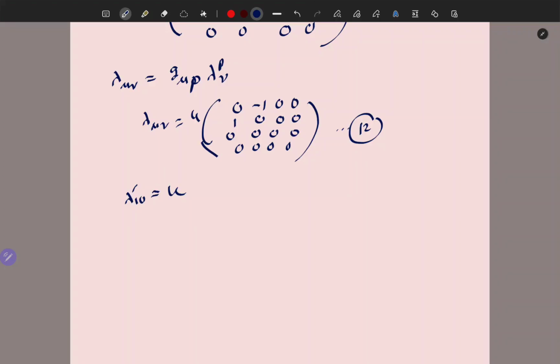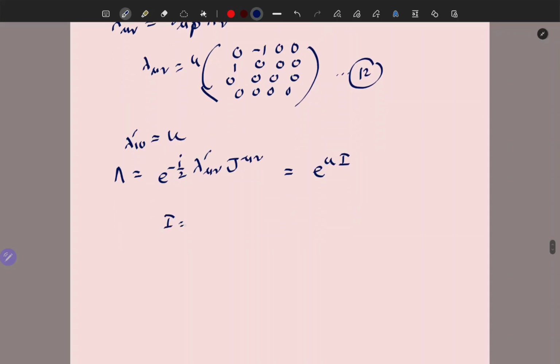Using 3.7 and 8, it is seen that lambda equals e to the power minus i by 2 lambda prime mu nu j mu nu, equals e to the power u into I, with I equal to 0, minus 1, minus 1, 0, and otherwise 0.